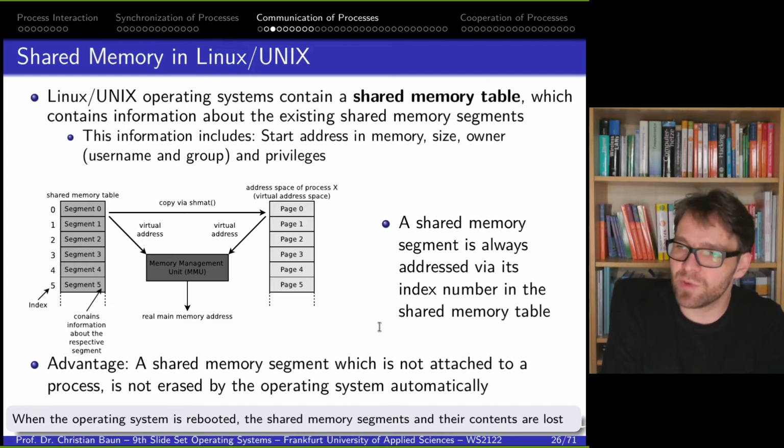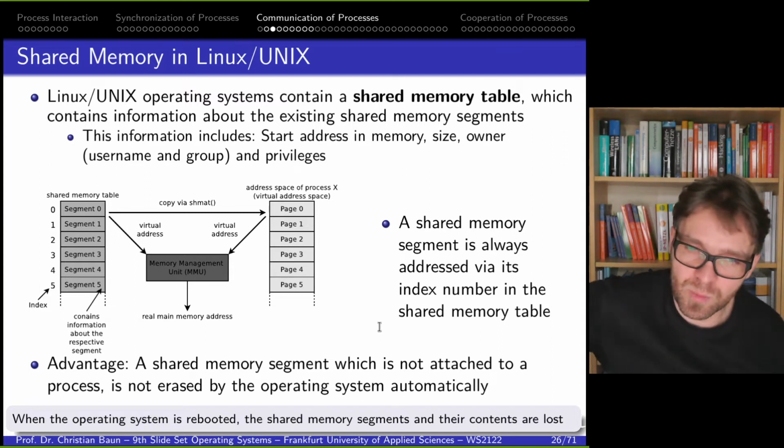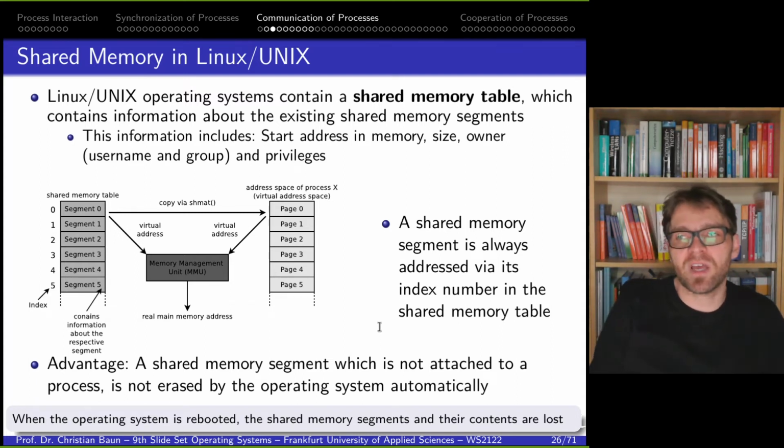If we have a reboot, the shared memory segments are gone, definitely, but as long as the operating system instance is present, the shared memory segments are present too. For sure you can erase them by hand, but if you don't, they are kept.